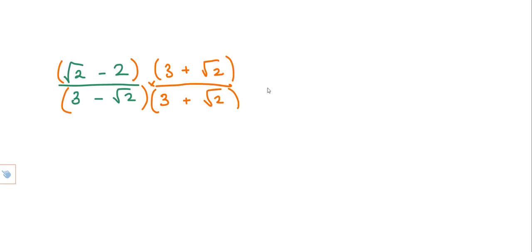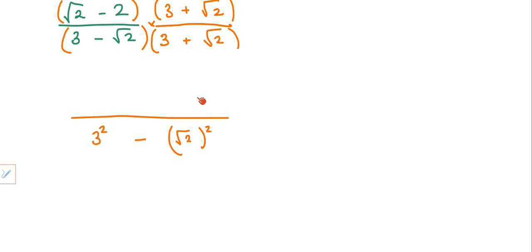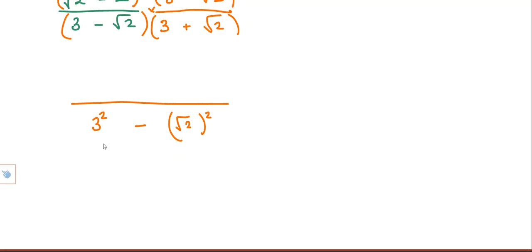We then have the denominator becomes 3 squared minus root 2 squared, got to be the minus. So I'm just going to do that bit first. So my next stage would be 9 minus 2 makes 7. So my denominator should be 7.